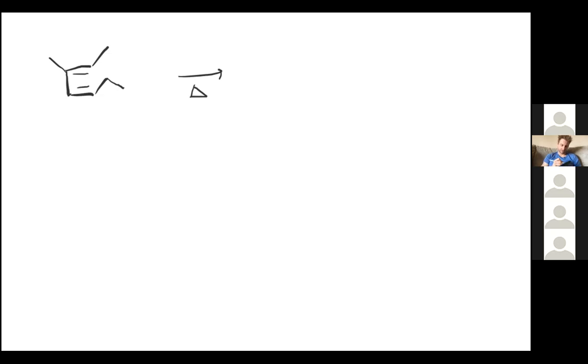We can start off by doing that. We're going to close this like so. If I break these into orbitals, we're using light, so it's going to be pairs of two. We have a pair of two here on the top, and then we'd have a pair of two on the bottom.